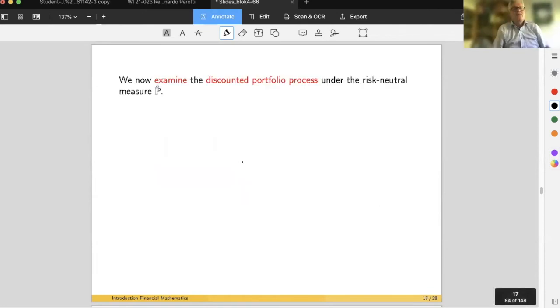Now, in fact, we can do exactly the same generalization and the same exercise for the discounted portfolio process, D(t) X(t). We can also see that under the risk neutral measure, we can connect that to the discounted option price. And by that, we also have a generalization of the one-dimensional case in case of this process D(t) X(t) in multiple dimensions.